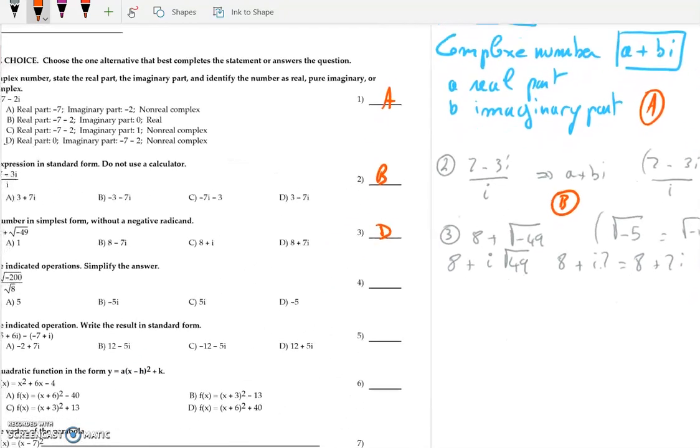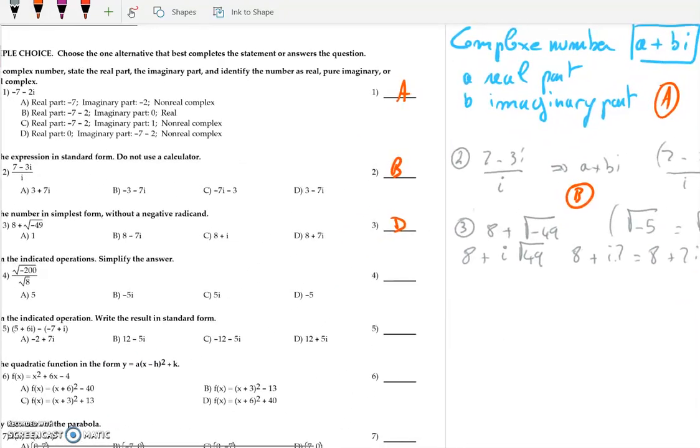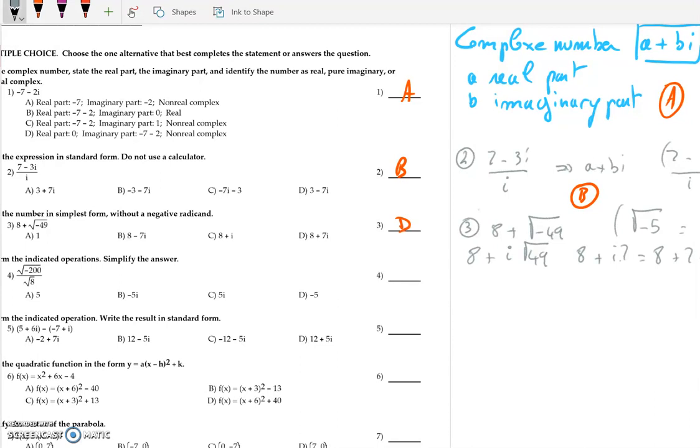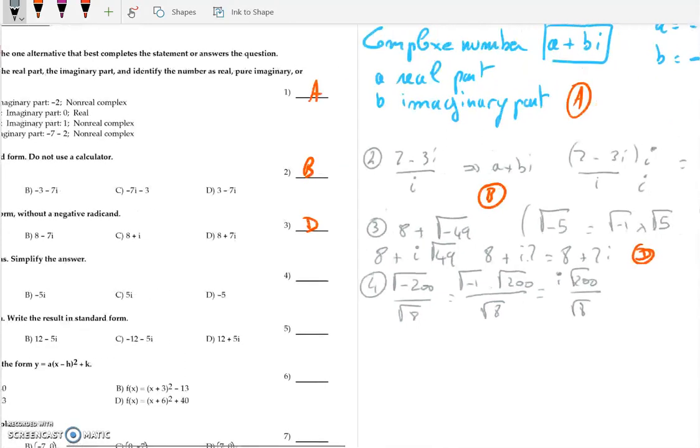Problem number 4. On problem number 4, we perform the indicated operation. We get the square root of negative 200 divided by the square root of 8. First of all, the square root of negative 200 is the square root of negative 1 times the square root of 200, divided by the square root of 8, which is i square root of 200 divided by square root of 8.